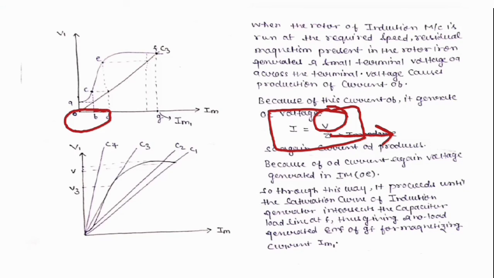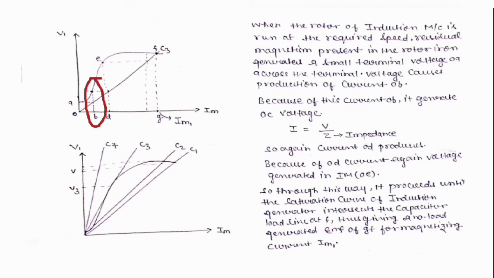Due to this current, through Ohm's law V equals IZ, a voltage is generated, that voltage is BC. Due to this BC, we again get a current, that current is OD. Due to this OD current, we again get the voltage DE. In this way the voltage is developed in this type of induction generator.